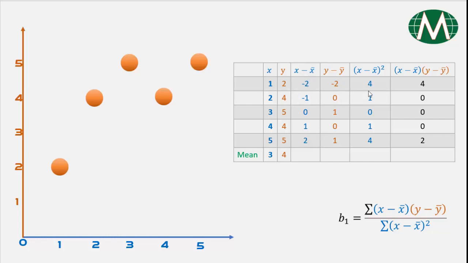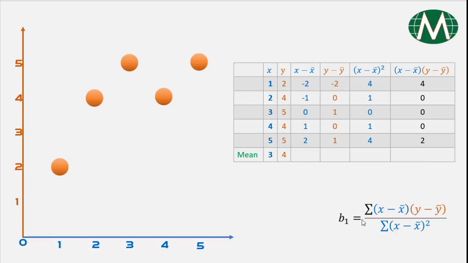So minus 2 square is 4, minus 1 square is 1, like this. And in the numerator we have to multiply this column with this column, so we get this column. Minus 2 into minus 2 is plus 4, minus 1 into 0 is 0, and likewise.